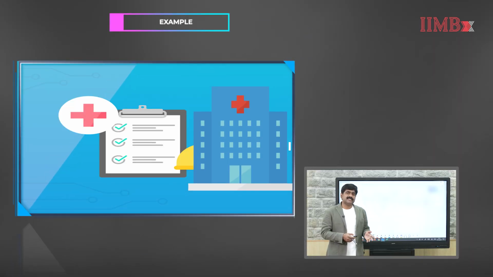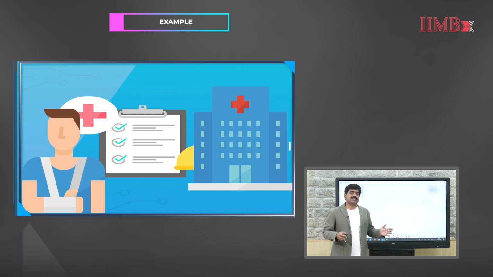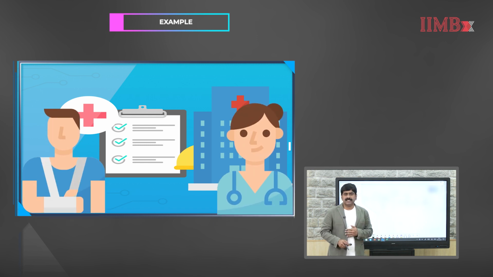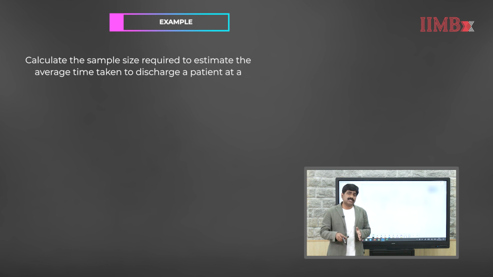A hospital is interested in estimating the average time it takes to discharge a patient after clearance by the doctor. Calculate the sample size required to estimate the average time taken to discharge a patient at a confidence level of 95%. Assume that the error in estimation should be at most 5 minutes, that is, d should be at most 5 minutes.